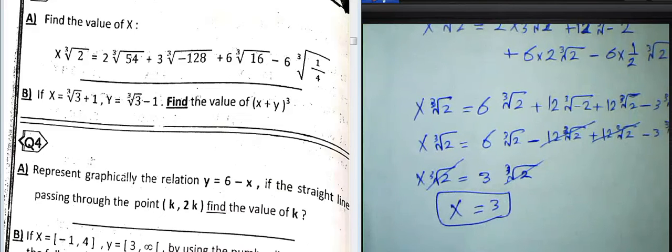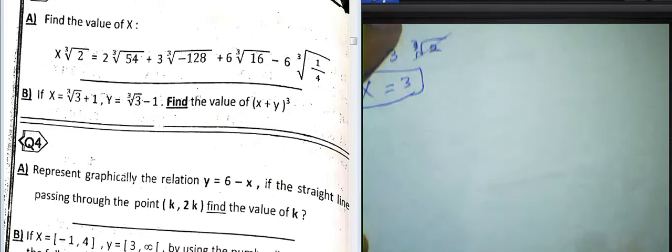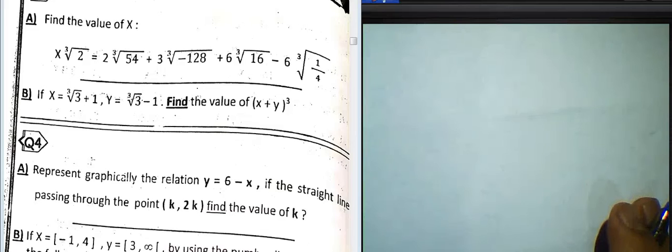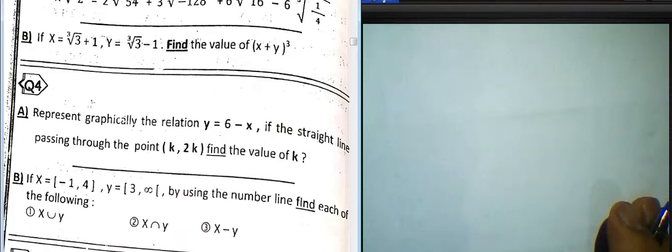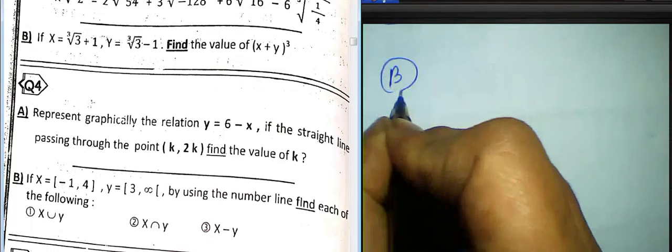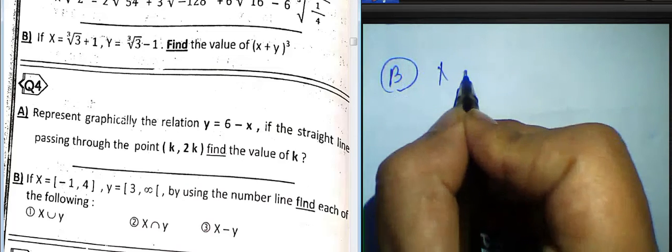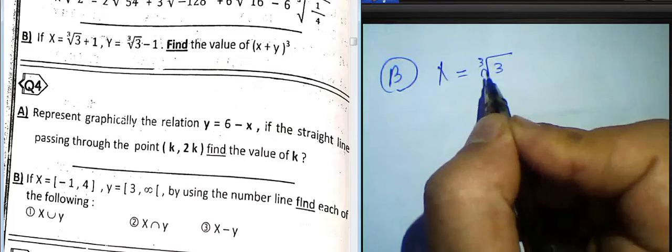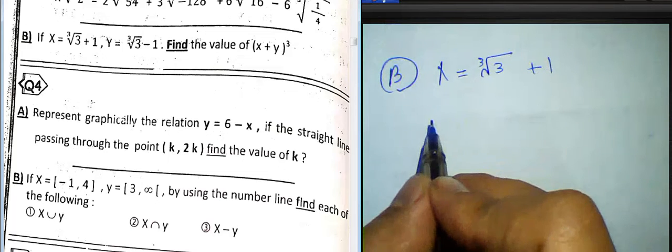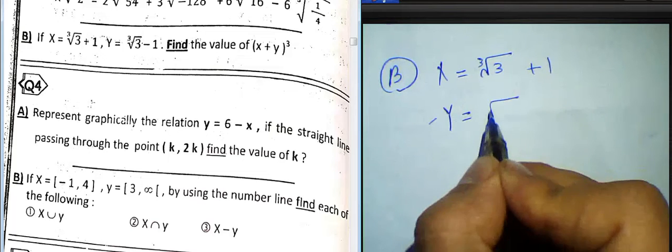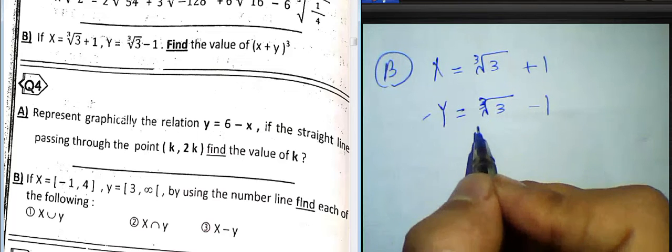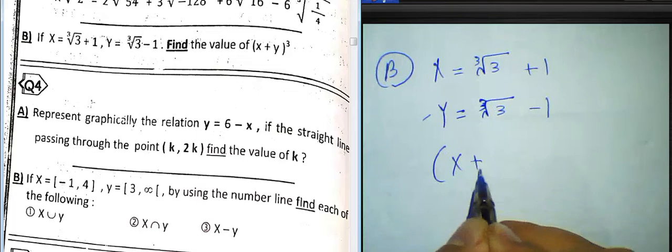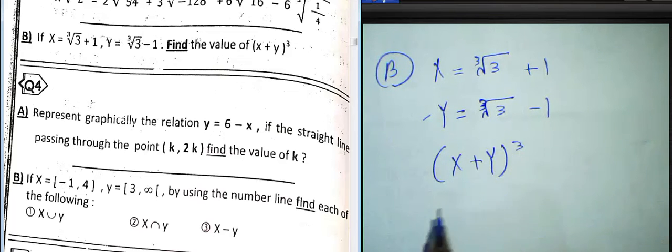Okay, another example, question letter B. If x equals cubic root of 3 plus 1 and y equals cubic root of 3 minus 1, find the value of x plus y all power 3.